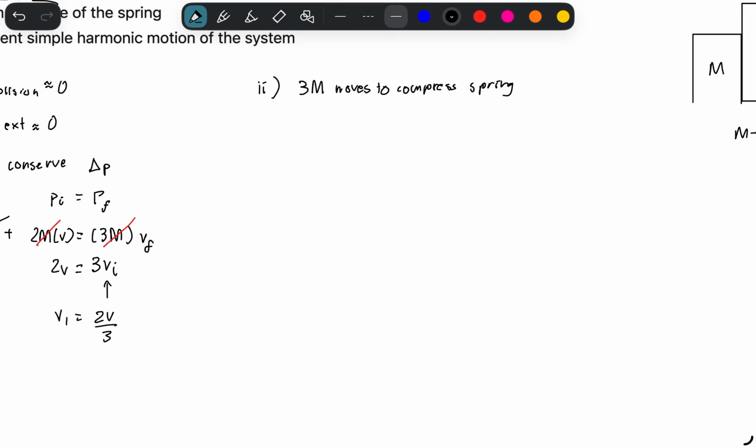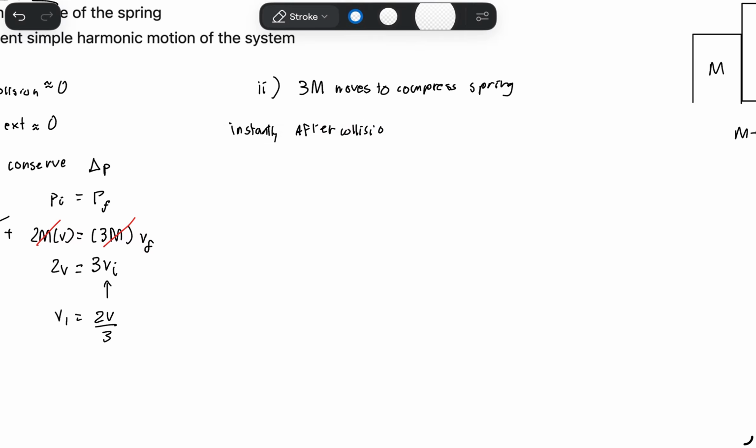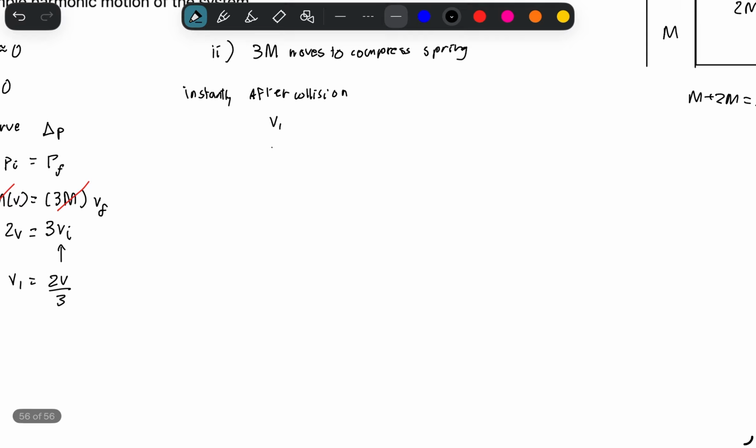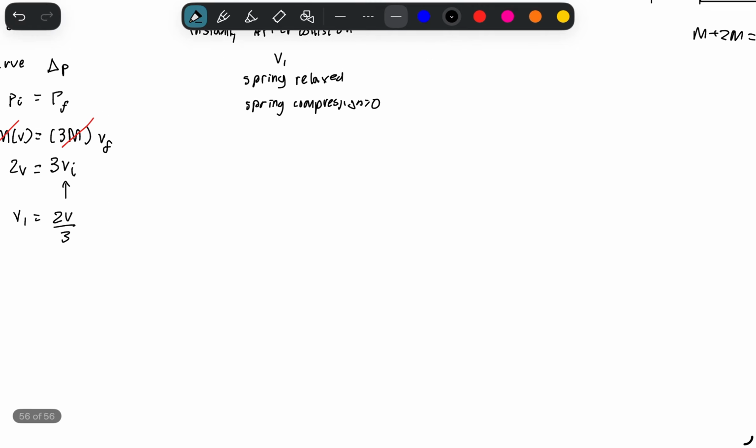So after the collision, instantly, so not much time afterwards, we're going to say that your speed is going to be v1, and then we're going to say that the spring is going to be relaxed. So therefore, our spring compression is just equal to 0 after the collision.